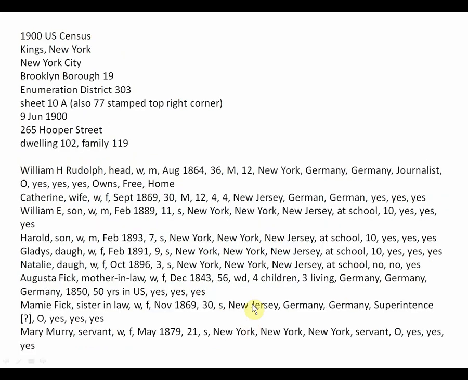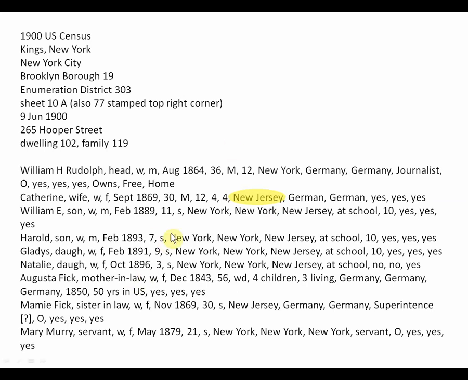Now, when we go to the 1900 census, I do the same thing and transcribe it, and I find now Catherine is listed as having been born in New Jersey, not in New York. So I want to note that down. I don't yet have a marriage record. I might want to look in New York, and I might want to look in New Jersey.